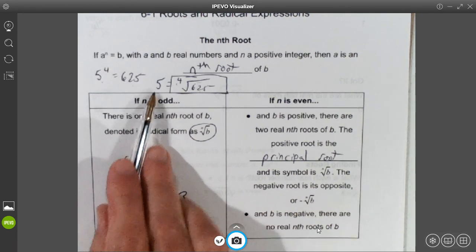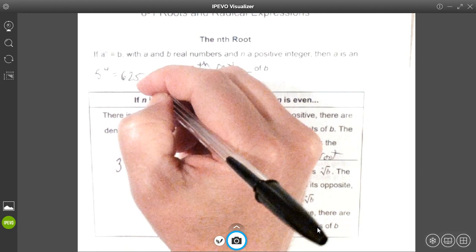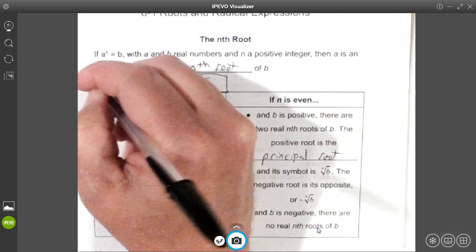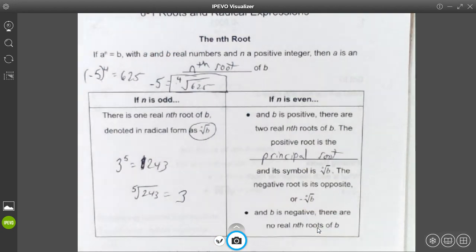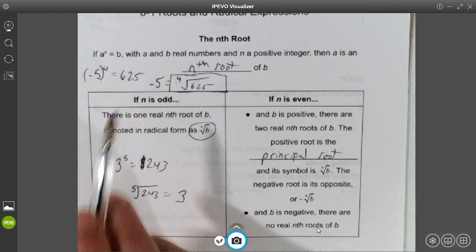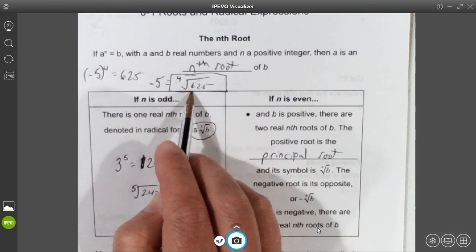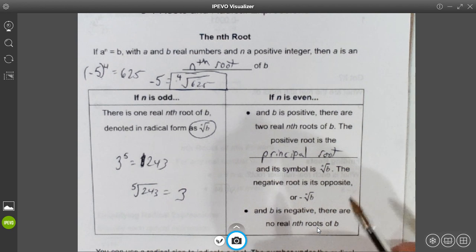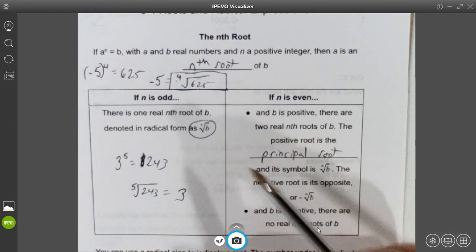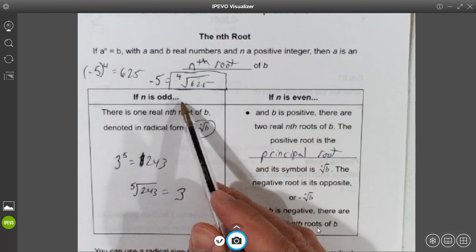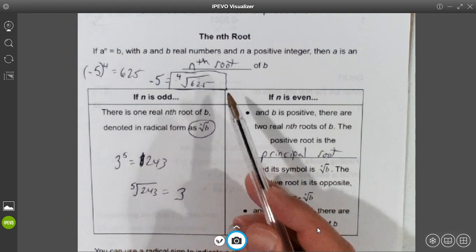Or, -5 is also a possibility, because -5 to the fourth power also gives 625. So this expression really has two roots, a positive one and a negative one. But the positive one is what your calculator is going to give you, and that's what we're typically going to talk about. That's the principal root.